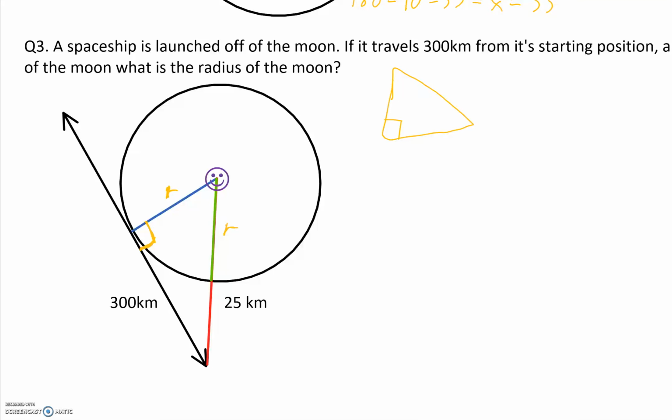So let's just draw this out. A squared plus B squared equals C squared. Good. Let's fill in what we do know and see what we don't know. So A is R squared plus B is 300 squared equals C, which is actually R plus 25 squared.